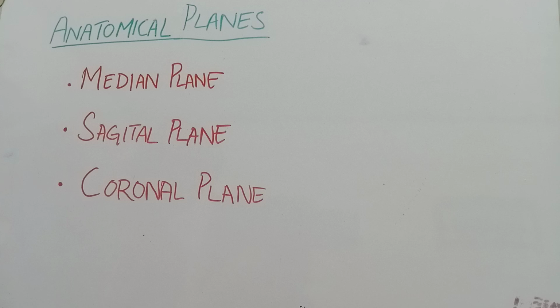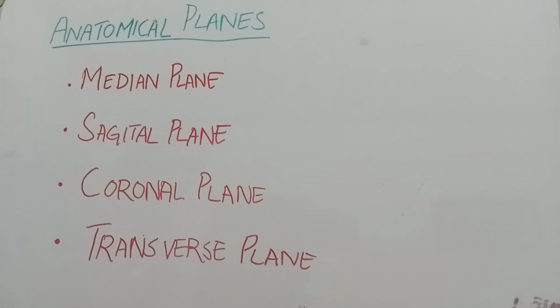The next plane we are going to study is the transverse plane. The transverse or horizontal plane runs parallel to the ground. It is situated at right angle to both the median plane and also the coronal plane.